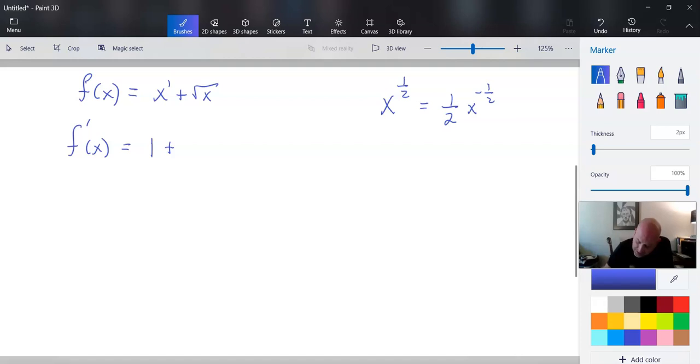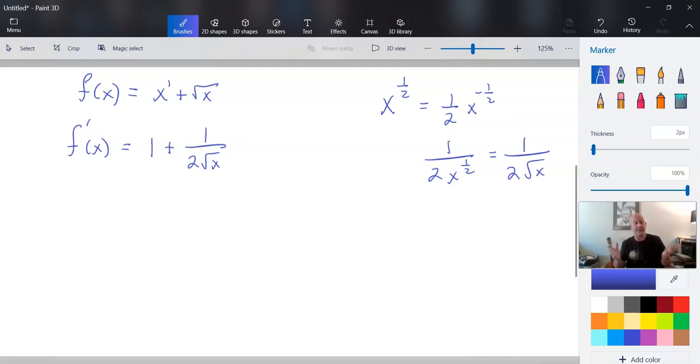Now I just need to deal with the negative 1/2. Negative means it's on the bottom, and the 1/2 means it's a square root. So this is now 1 plus 1 over 2 root x. And so we just found our derivative.